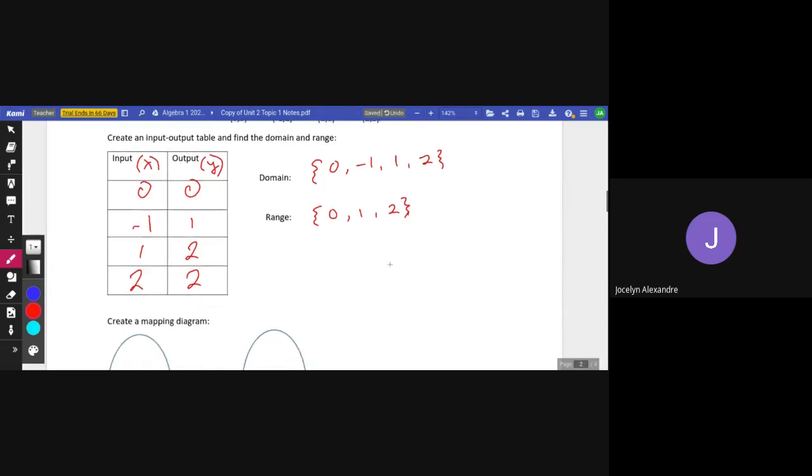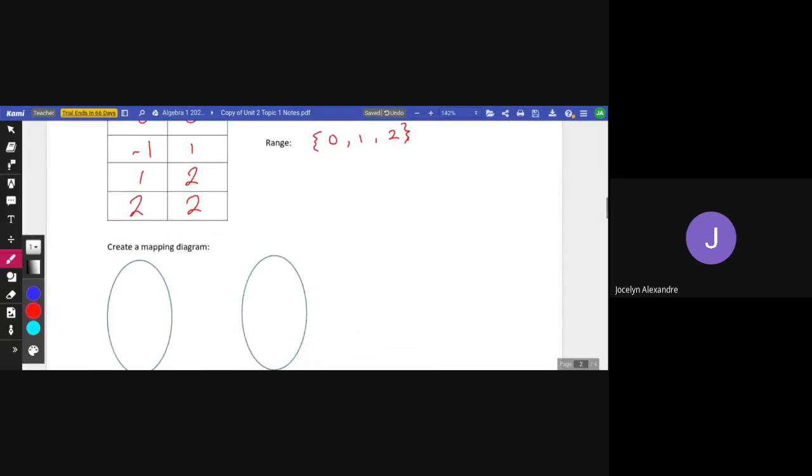All right, so let's create our mapping diagram now. So for the domain, we have 4 different numbers. So we have 0, -1, 1, 2. For the range, we have 0, 1, and 2. And then we have to map which input values map to each output value.